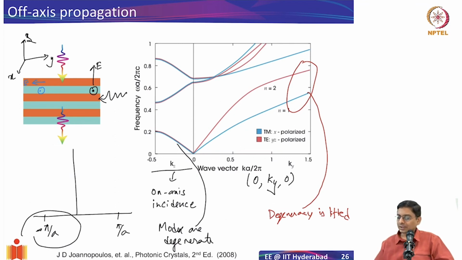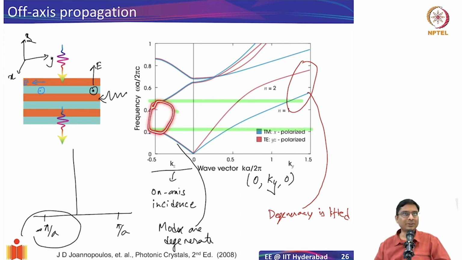All right. Another interesting aspect is, if I have any random incidence, not specified to one direction, it is nearly impossible to get a band gap. If this is my structure here, this was my original band gap in the normal incidence.